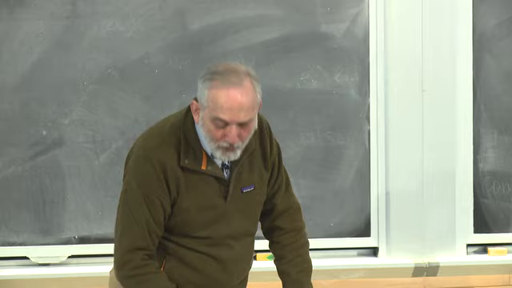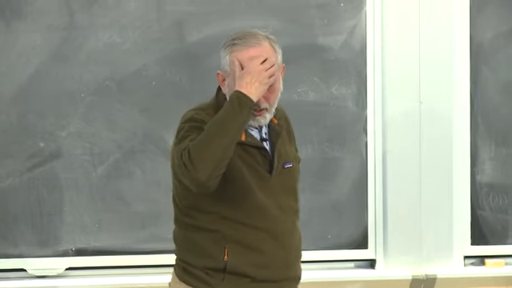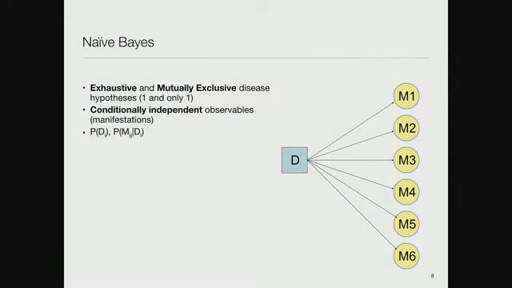Okay, a more sophisticated model is something like a naive Bayes model that says if you have a disease, and you have a bunch of manifestations that can be caused by the disease, we can make some simplifying assumptions.